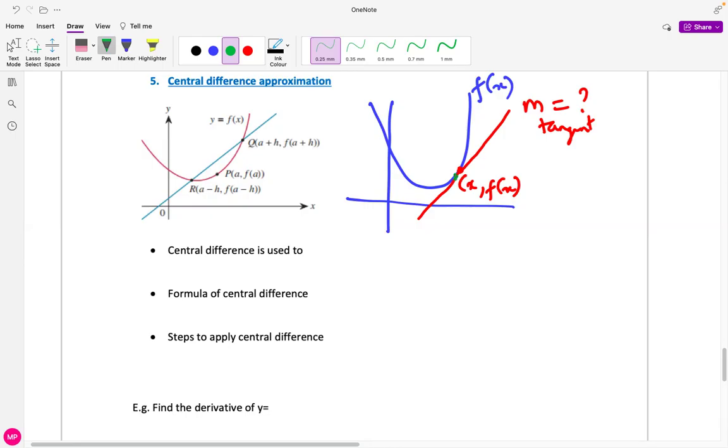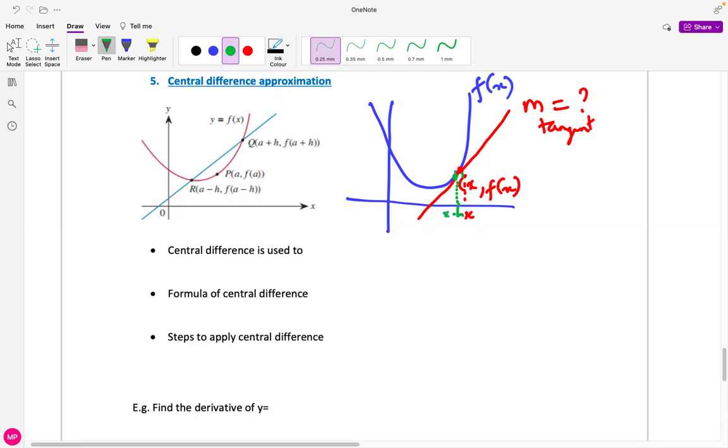So here, this is x, right? And because the point is on the left and the gap is very small, let's call that gap h. So we're going to call that x minus h.